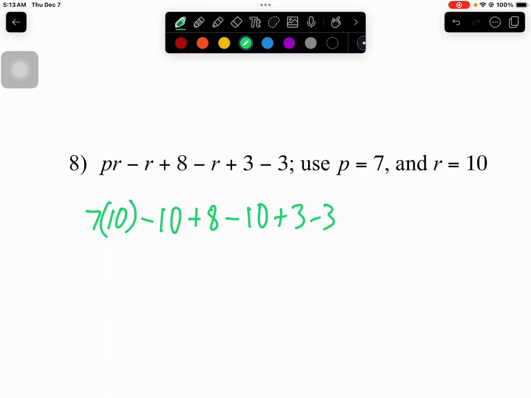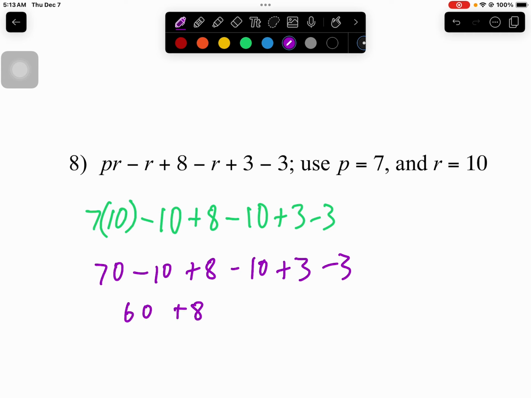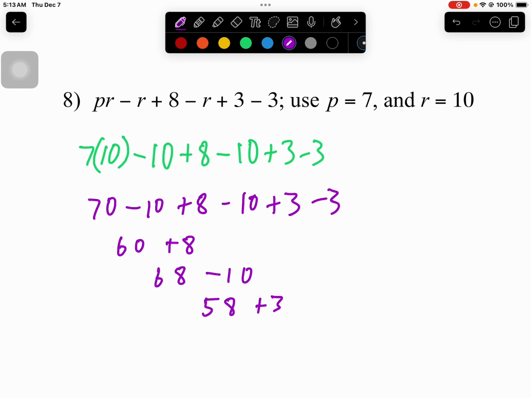So just a whole bunch of adding and subtracting after this quick multiplying. So it's 70 minus 10 plus 8 minus 10 plus 3 minus 3. So you get 60 plus 8, which is 68, minus 10, which is 58, plus 3, which is 61, minus 3, so you get 58.